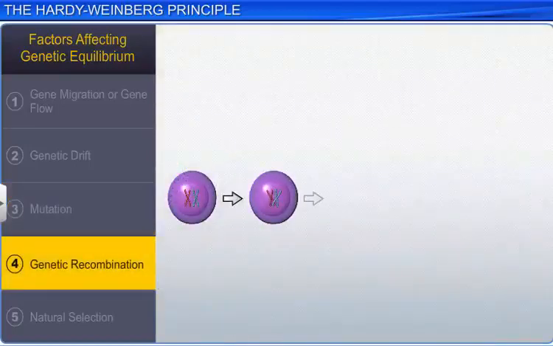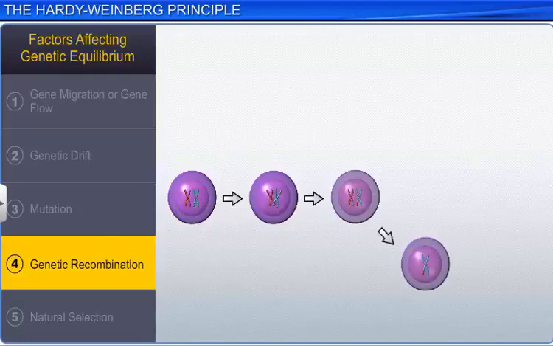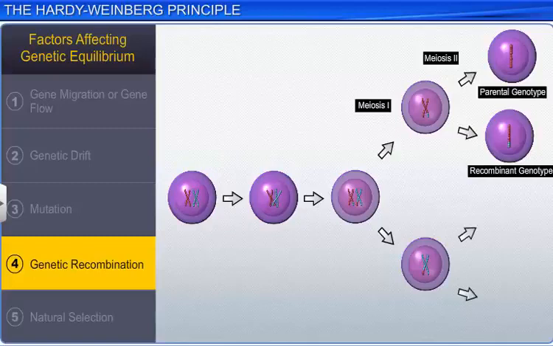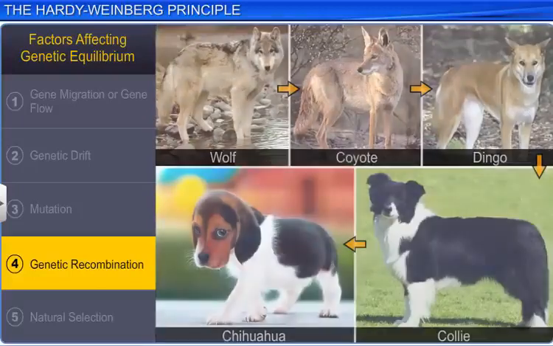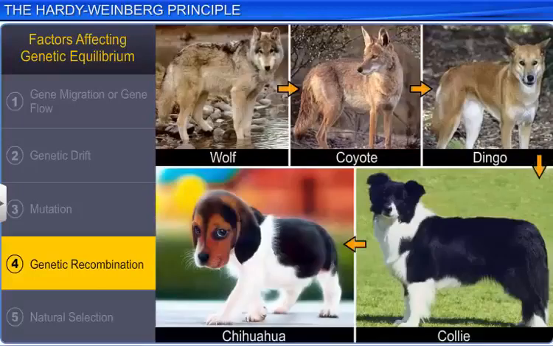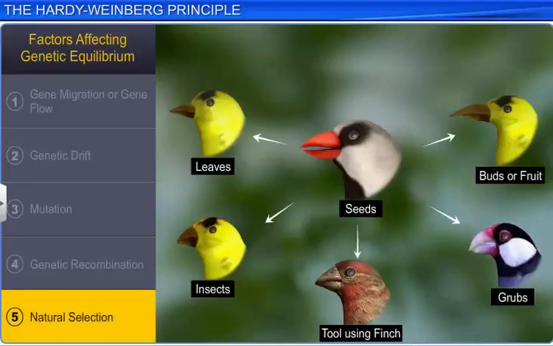Genetic recombination leads to variations in offspring, and if this variation is naturally better selected than the parental genes, it leads to speciation over a period of time. Natural selection also affects genetic equilibrium.